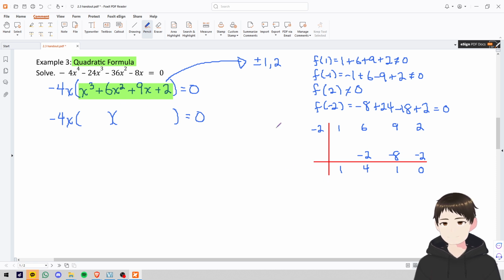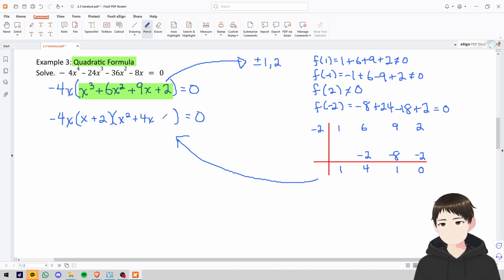That means, if my divisor is x plus 2, because the root is negative 2, what I'm left with is x squared plus 4x plus 1. I'm hoping you realize right away, two numbers that multiply to 1 are 1 and 1, but they can't add to 4. It could be negative 1, negative 1. It won't add to 4. So I'm stuck. This portion, I can't factor.